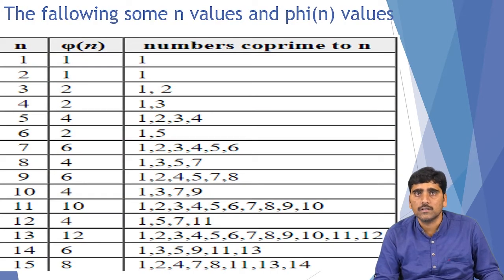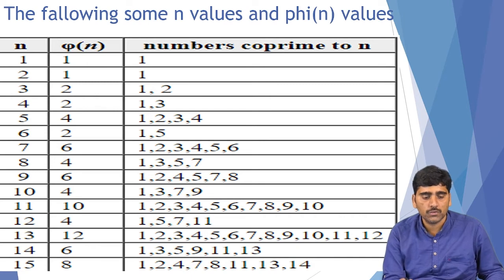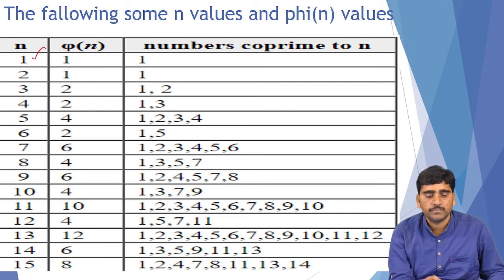See here, the following are some n values and phi of n values. This is the n value, and this is phi of n.